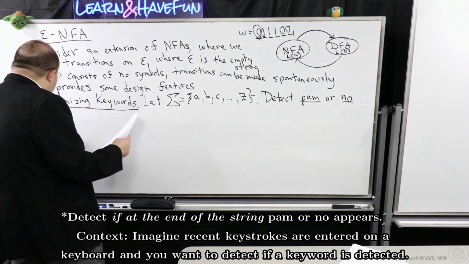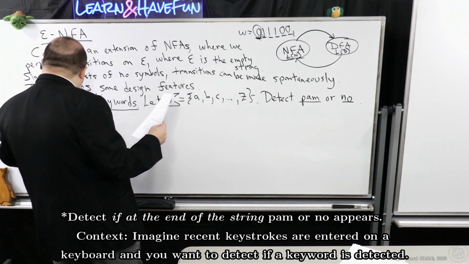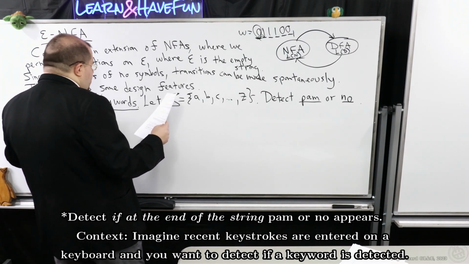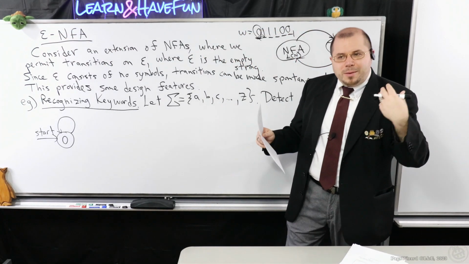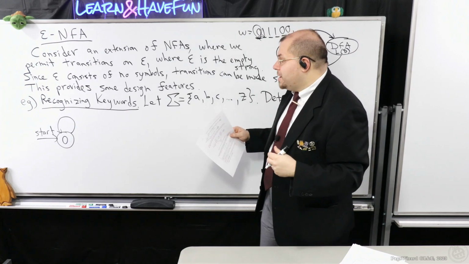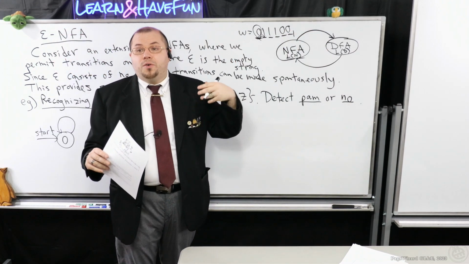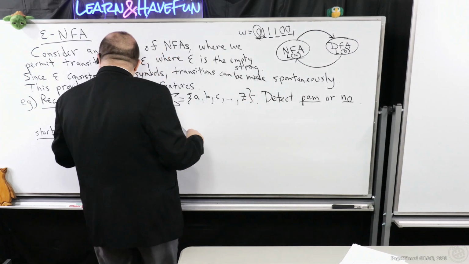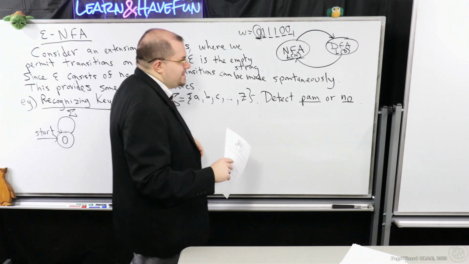I'm just going to numerically label these states, which is a little different than when I usually do this. Sometimes I like to show you little bits of things that maybe we haven't seen before. When there are many transitions over some set, you can also label these over said set.